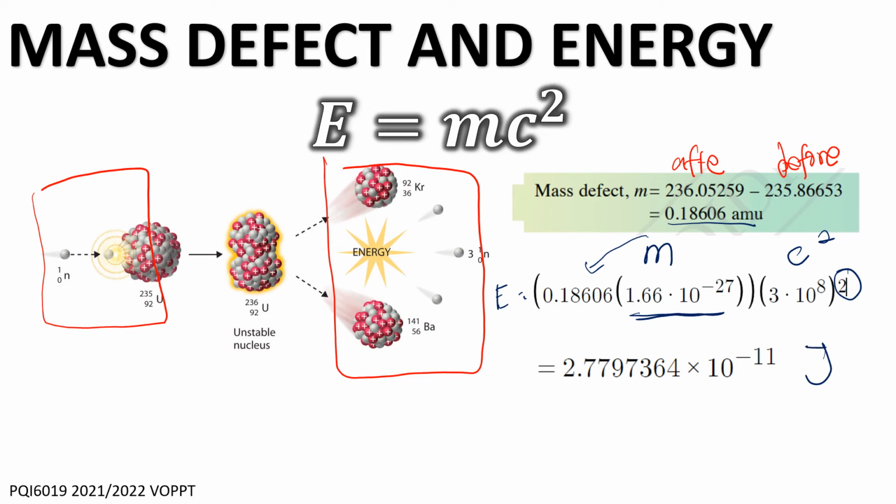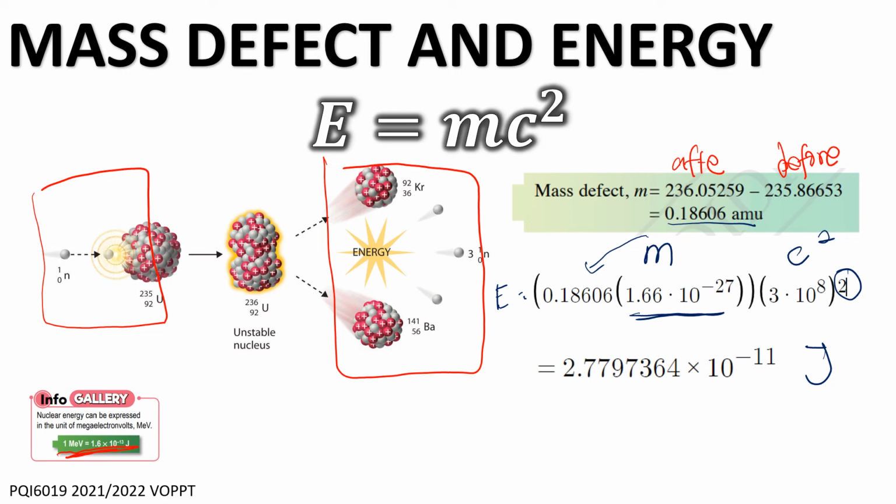One extra piece of information is that nuclear energy can be expressed in the unit of mega electron volts, MeV, where 1 MeV is equal to 1.6 times 10 to the power of negative 13 joules.